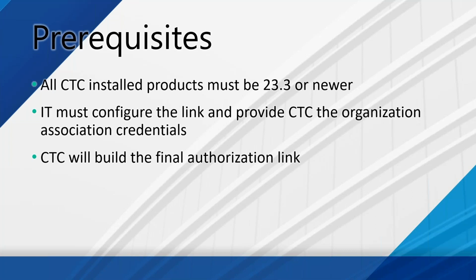Once that's done and they send it to us, we build the final link. That takes just a couple of minutes, and once that's done, you're on single sign-on 100%. So that's the process. Install the 23.3 software from CTC or newer, IT creates the association one time, and we build the final link, and we're pretty much done.